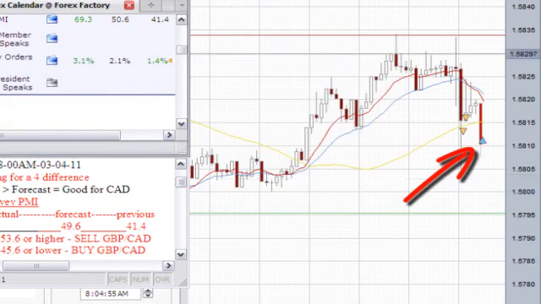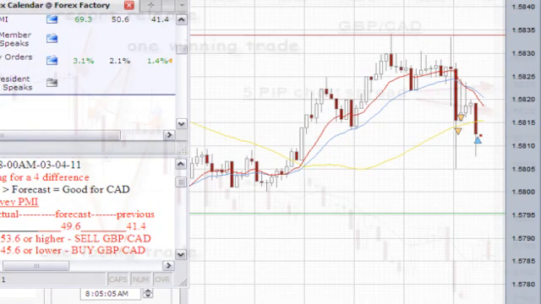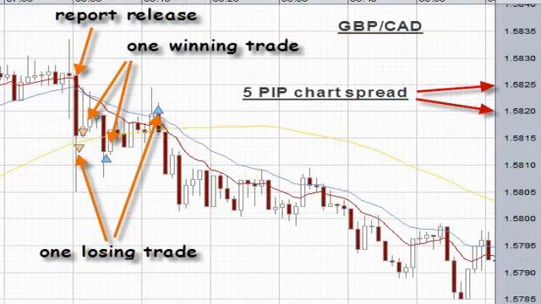I did not exit my second trade until after the end of the video in the 13th minute. So here's a chart showing the trade exit and how the market continued to move. This is the chart for the currency pair British pound versus the Canadian dollar.